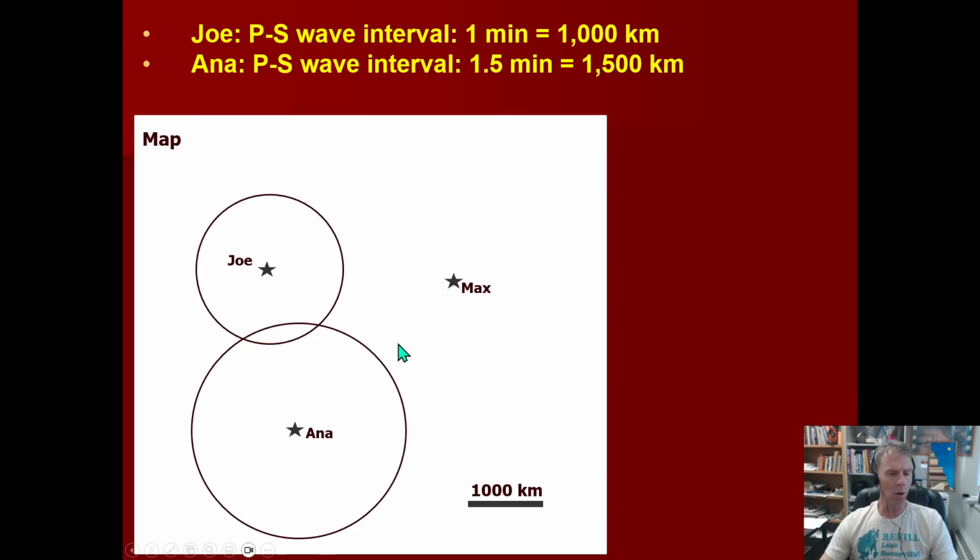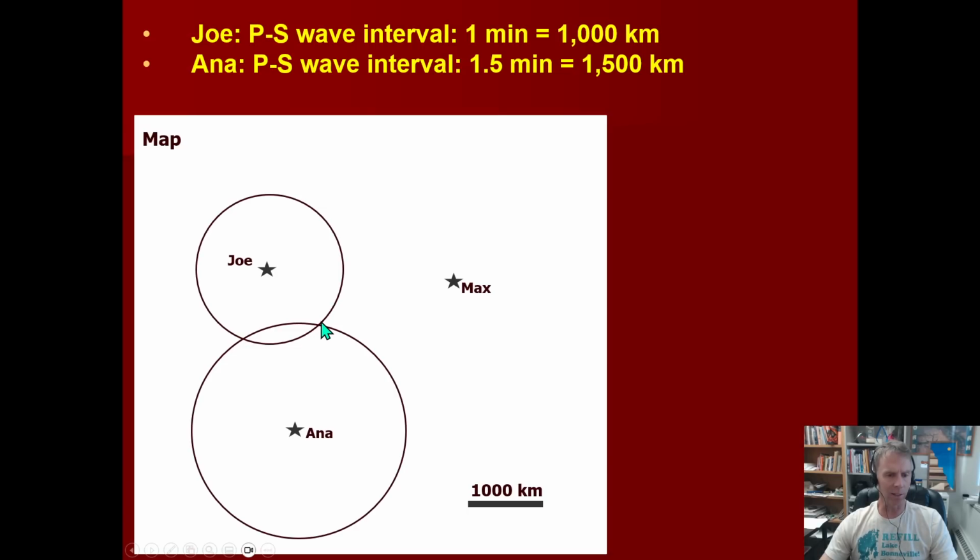And now, do we know where the earthquake's location is? Some of you might be saying, yeah, it's right where they overlap, but it can't be in this area, because if it's anywhere in this region, it's not 1,000 kilometers from Joe, and it is not 1,500 kilometers from Anna. So the location either has to be this location where those two circles intersect, or this one over here.